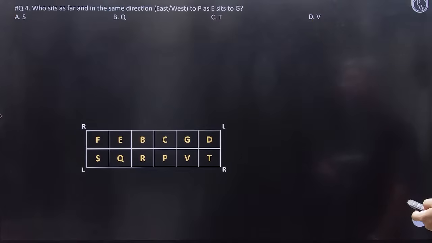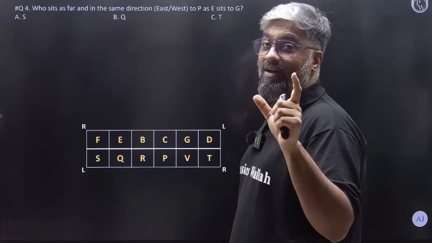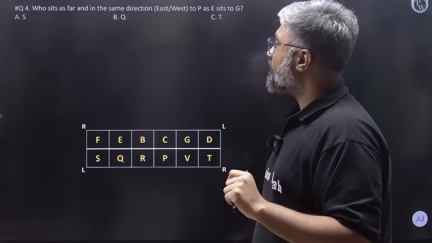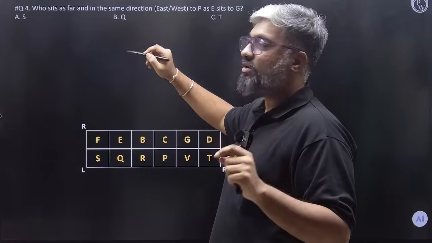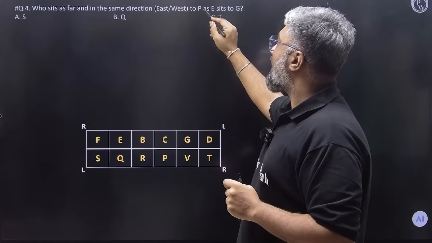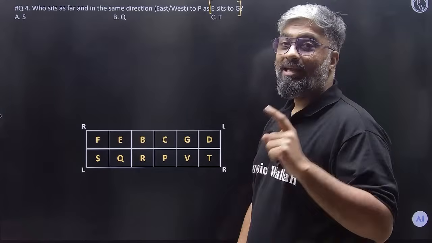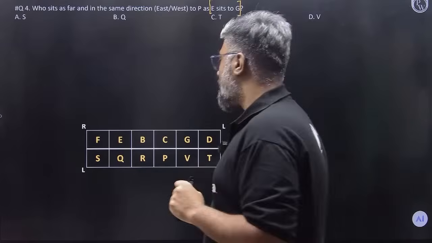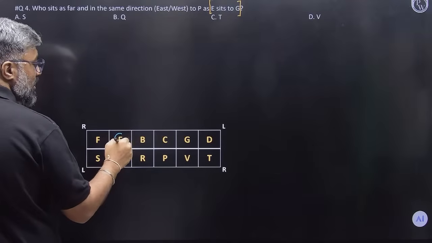Let's go. Who sits as far, mind you, as far means distance between them, and in the same direction, east or west, to P as E sits to G. E to G. Look at this. E is here.